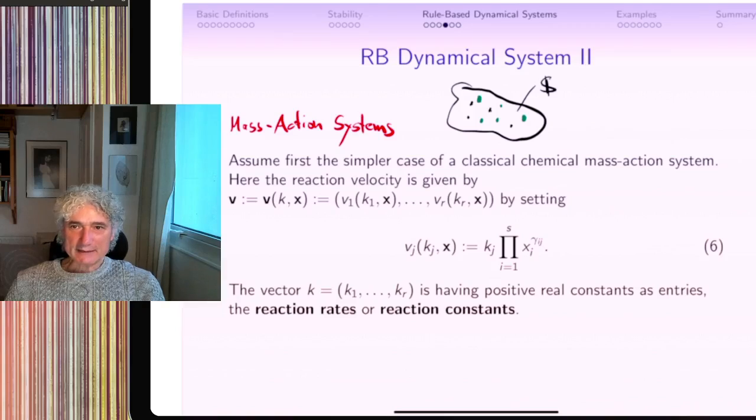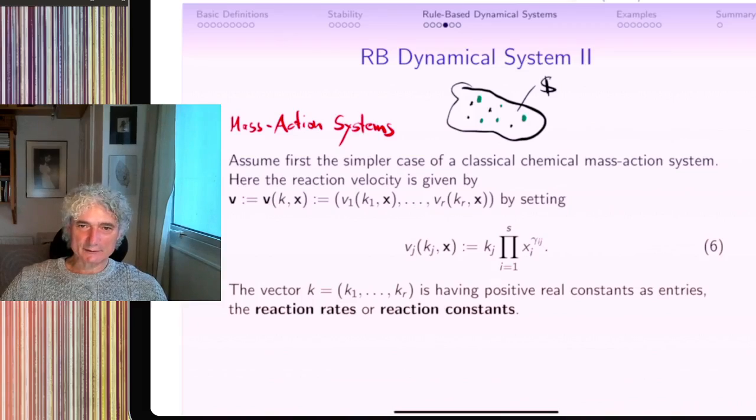The mass action system is averaging heuristically in the following sense. We assume that the change of concentration is proportional to the concentration of the particles in the system. So the higher the concentration, the faster the reaction should take place, because there are more underlying collisions.